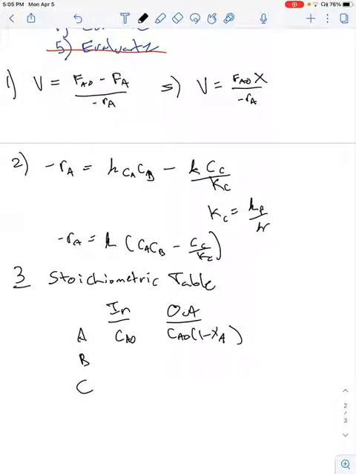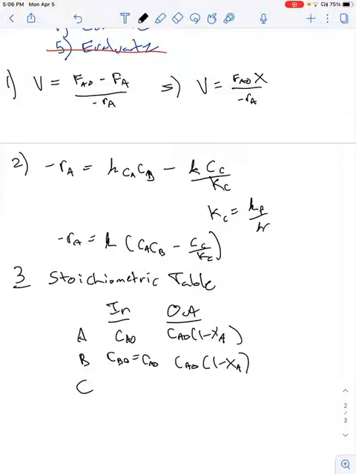CB0 is given to equal CA0, and since the stoichiometry is 1-to-1 for A and B, we also have CA0 times 1 minus XA for this one.